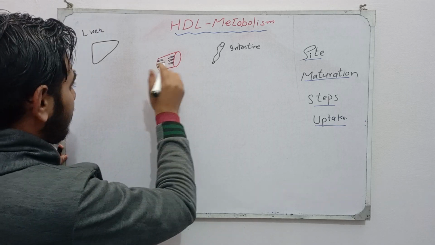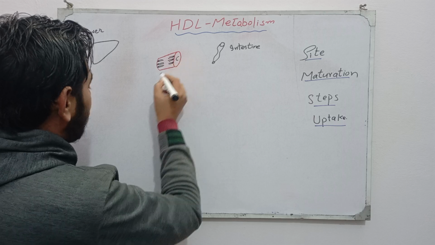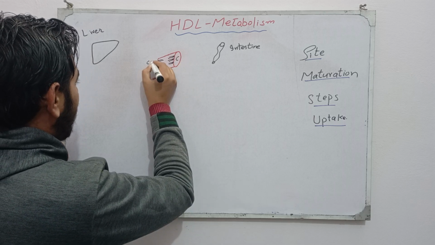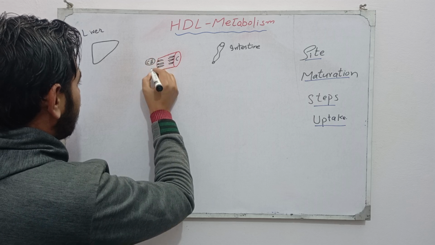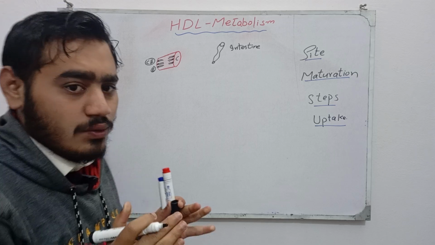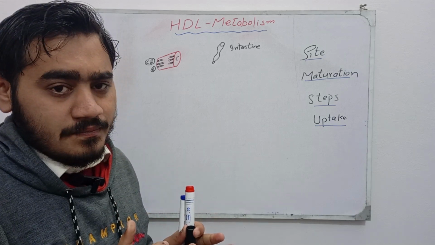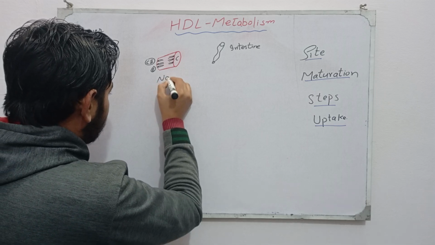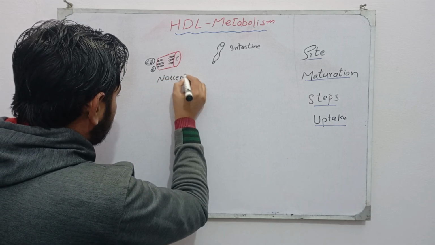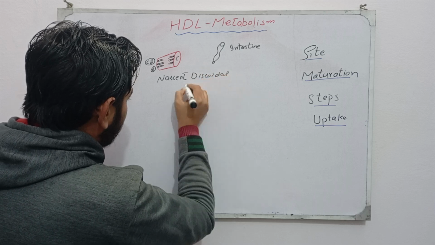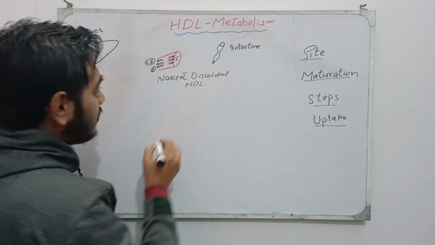This is a phospholipid. Here is free cholesterol. It also contains ApoC2 protein and ApoE protein. It is a nascent discoidal HDL.